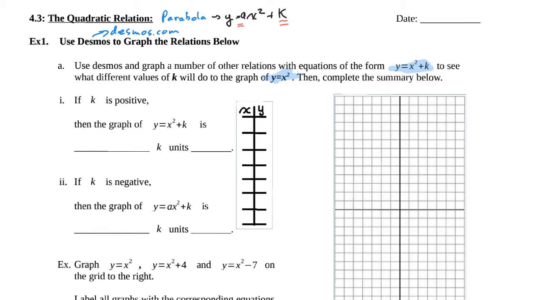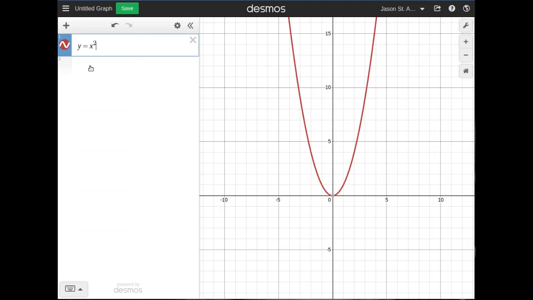You'll notice that you have a table of values to the right of your screen here. That table of values is designed to help us understand what the base values of our graph are. So we are going to create a table of values for the x and the y for our graph. Now, Desmos doesn't understand what y is. You actually have to tell it what y is going to turn into.